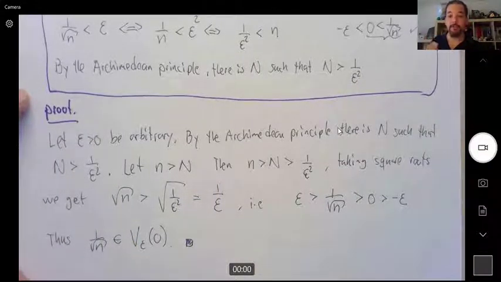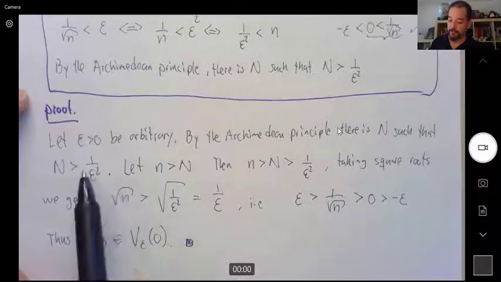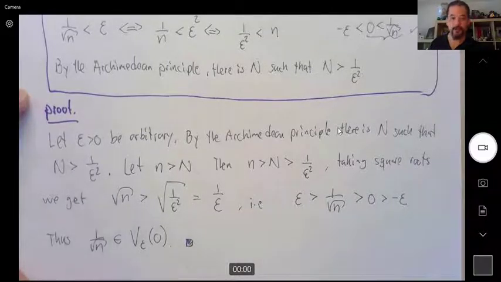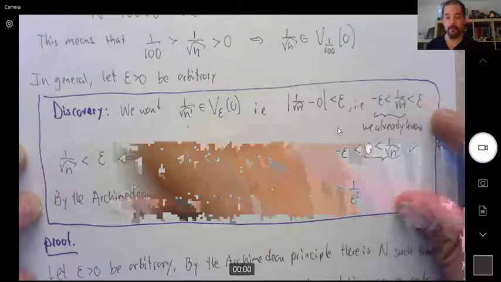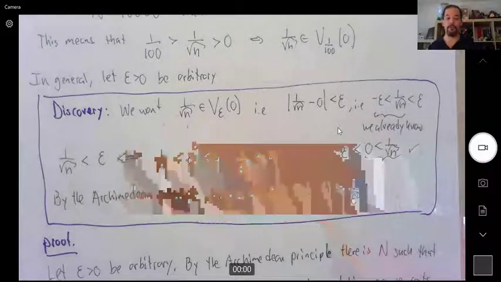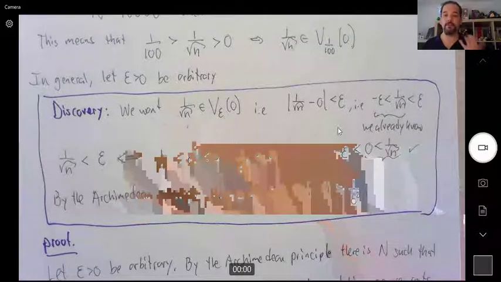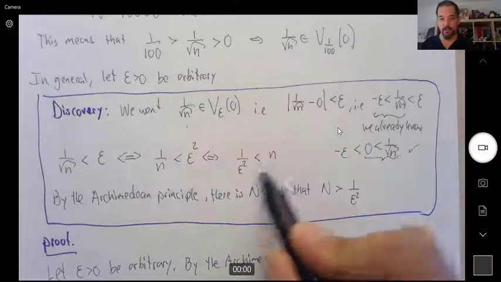That's the meaty substance of the proof here. How do you find this 1 over epsilon squared? And fortunately for you, you know how. You do this part that we did before, the discovery part. You start with what you wanted, and that way we discovered the inequality we needed.